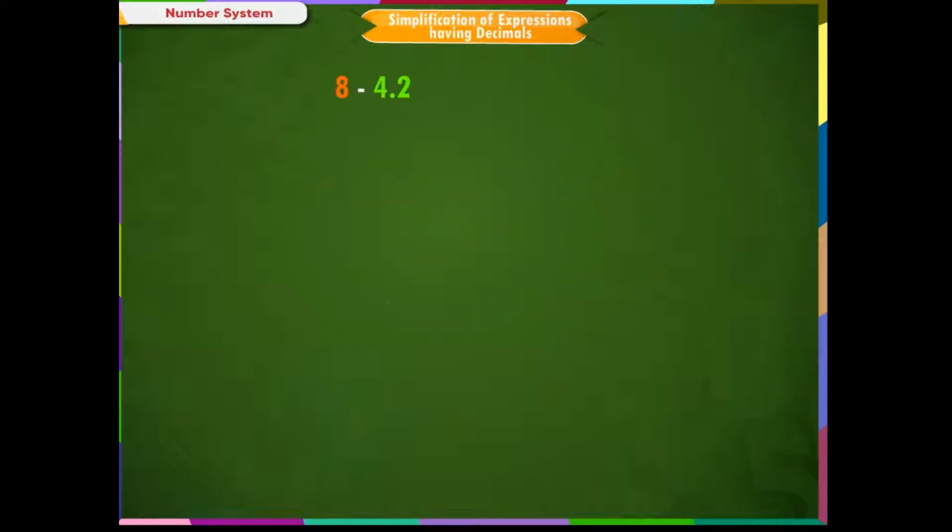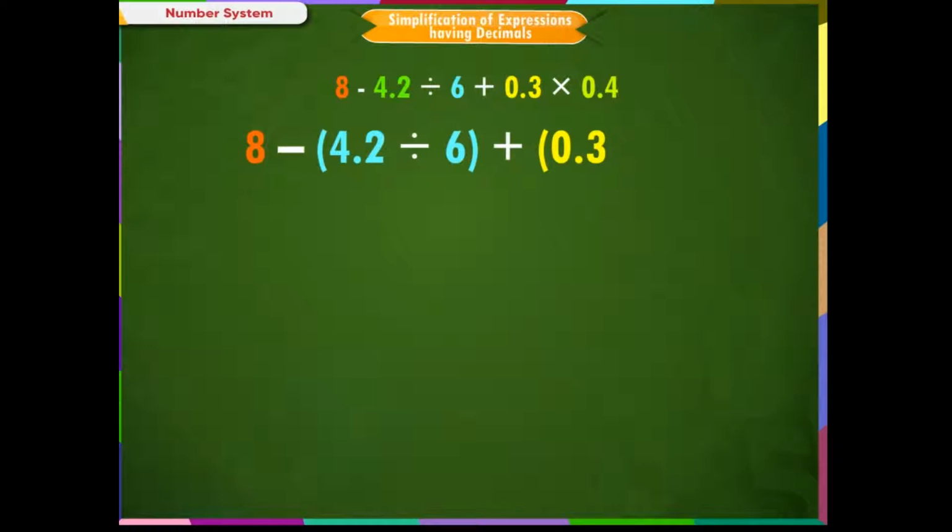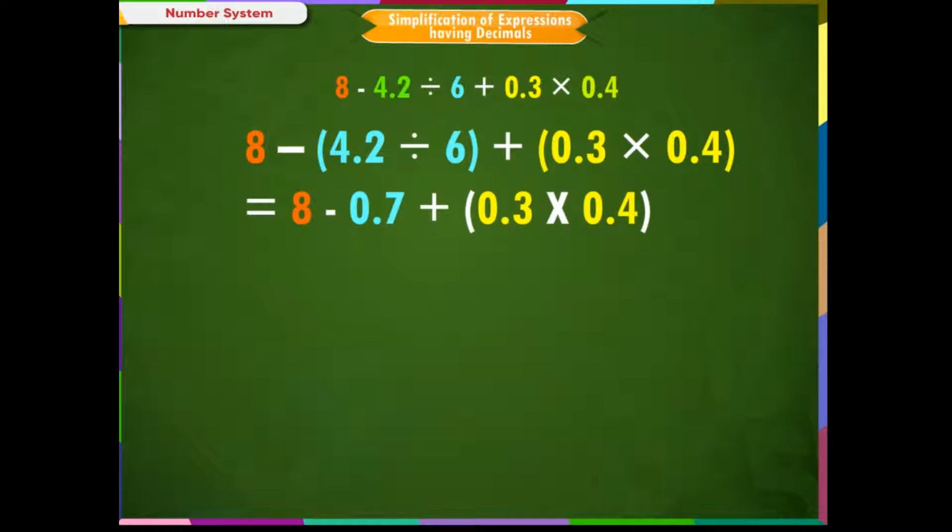Example 2. 8 minus 4.2 divided by 6 plus 0.3 into 0.4. Solution. 8 minus 4.2 divided by 6 plus 0.3 into 0.4. Dividing first, that is 4.2 divided by 6 is equal to 0.7. We get 8 minus 0.7 plus 0.3 into 0.4.